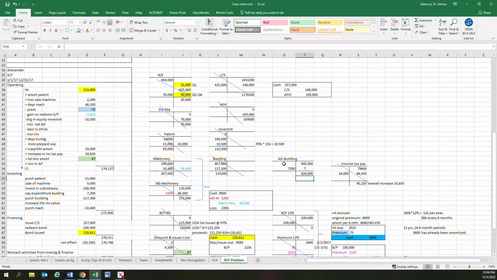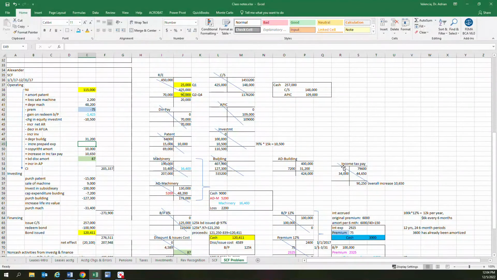What we have not done is the accumulated depreciation of the building. So we can go ahead and do that. For that, I need $31,200 to make a balance. And that's nothing more than depreciation of the building, if I can find it. Here it is. Plus the depreciation of the building, $31,200.